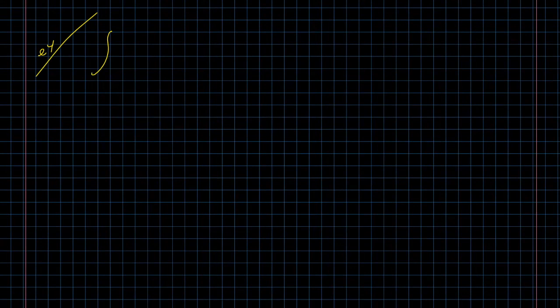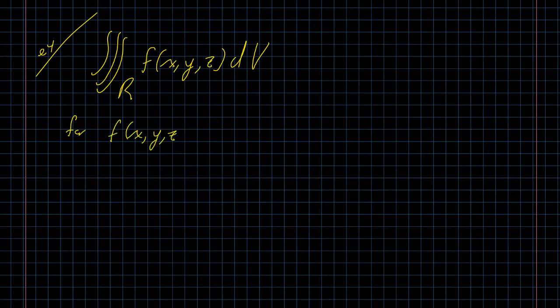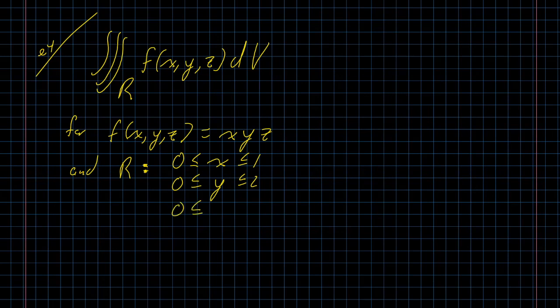I would like you to find the triple integral over region R of f of x, y, and z dV for the function f of x, y, and z equals xyz, and the region R defined by 0 is less than or equal to x is less than or equal to 1, 0 is less than or equal to y is less than or equal to 2, and 0 is less than or equal to z is less than or equal to 4.